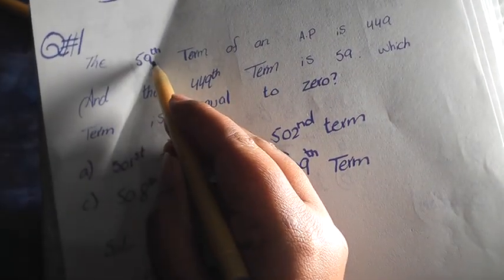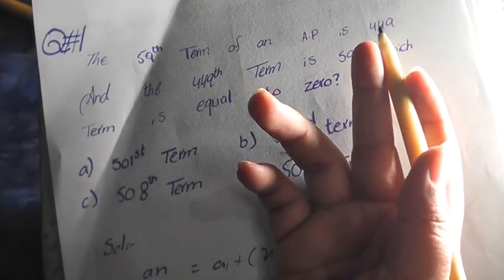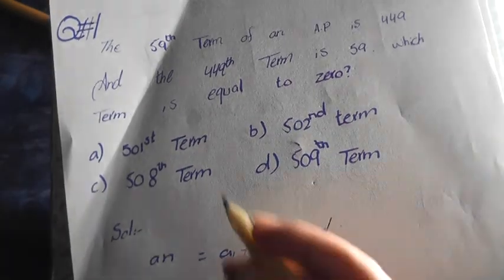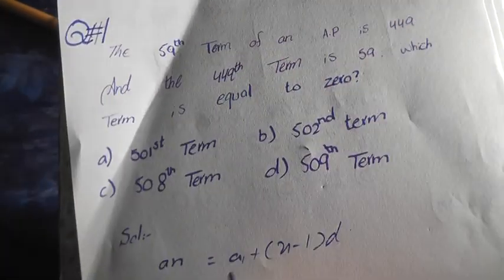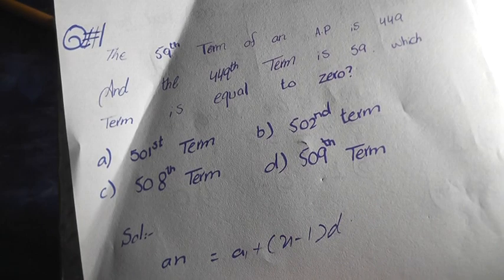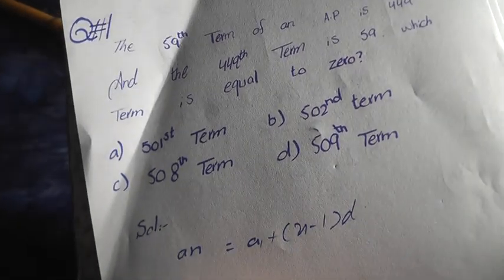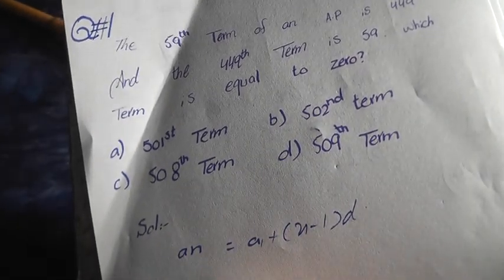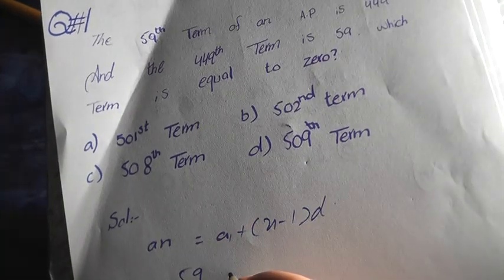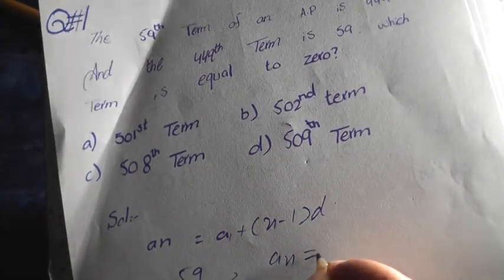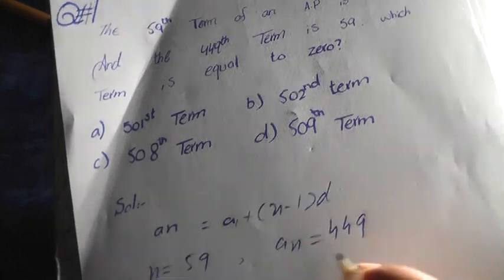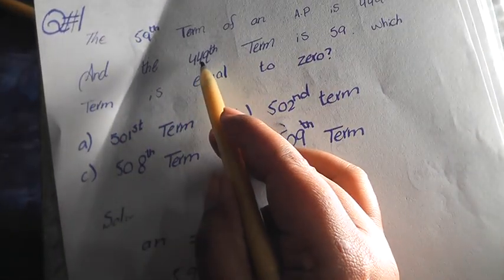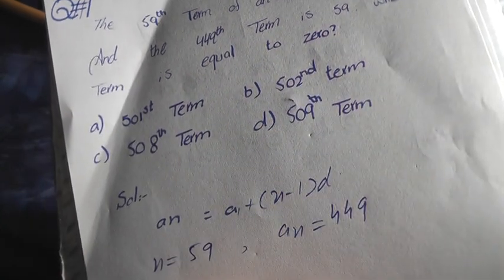Here n is equal to 59 and the 59th term is 449. So first it is given that n is equal to 59 and a_n is equal to 449. Then the 449th term is 59.